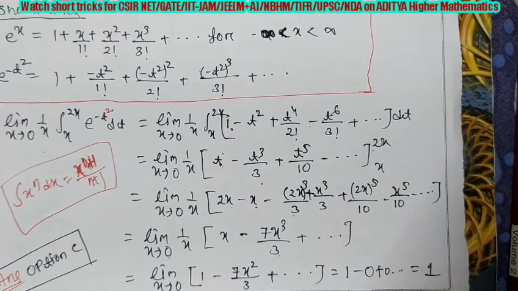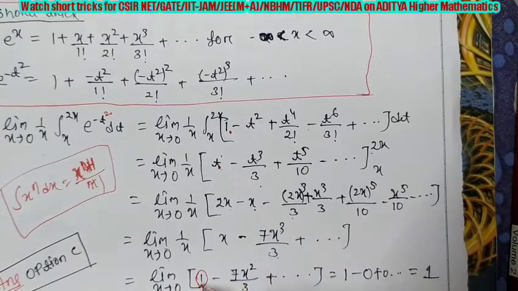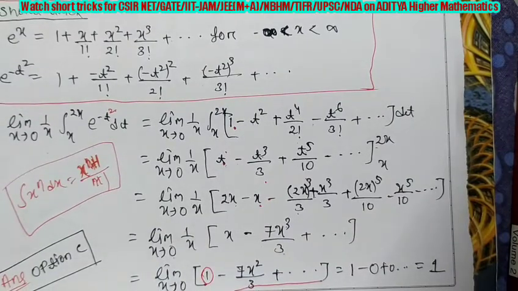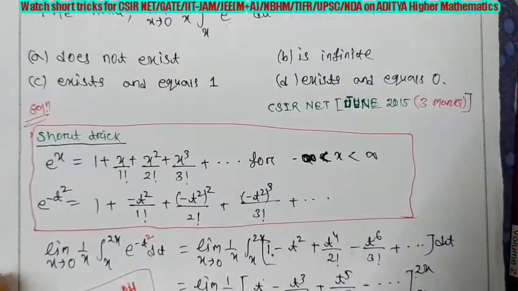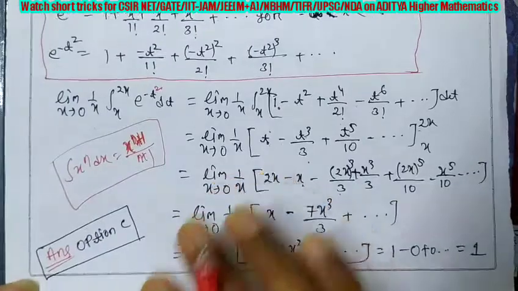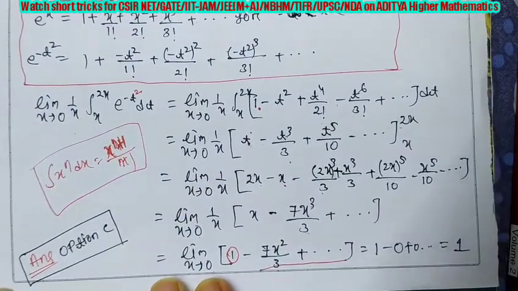Now when x tends to 0, you see only the first term does not contain 0, but the remaining terms obviously contain x. So when x tends to 0, all the terms will be 0 except the first term. Because here you are getting x square, similarly the next term surely you will get something with x. So finally you are getting the answer 1. So its answer is coming what? Exists and equals 1. That means option C is correct.